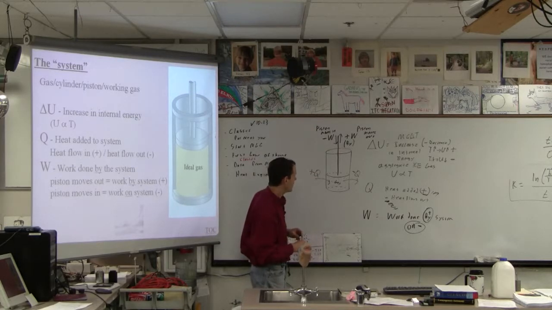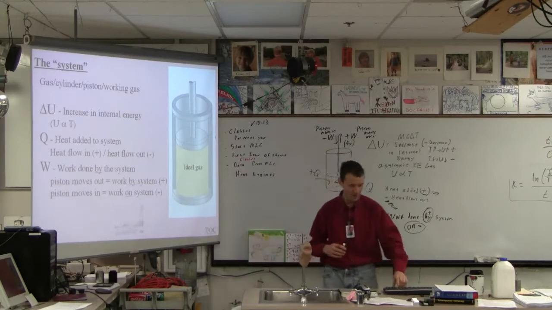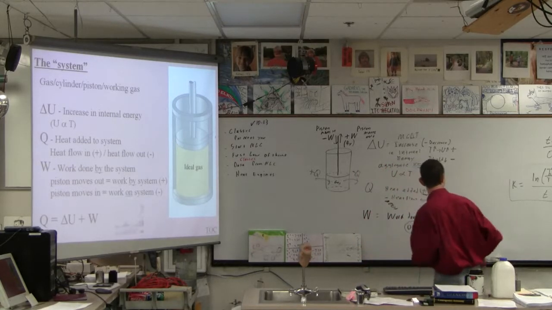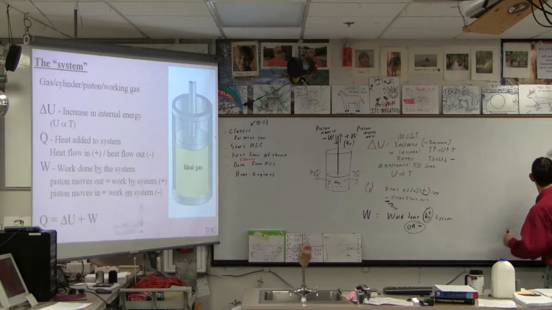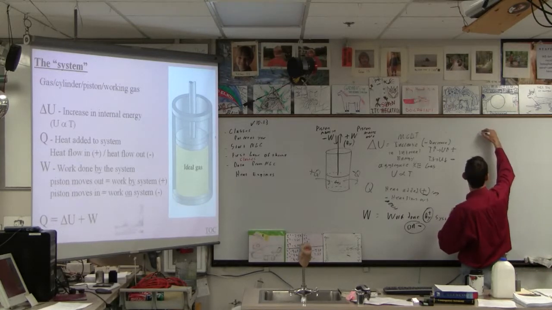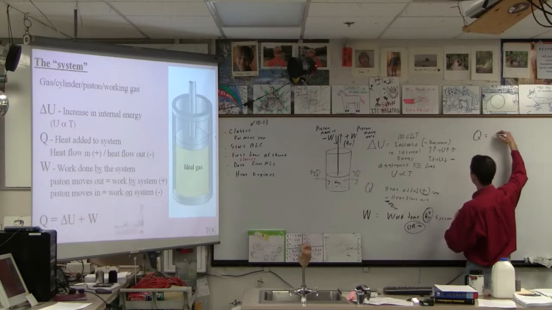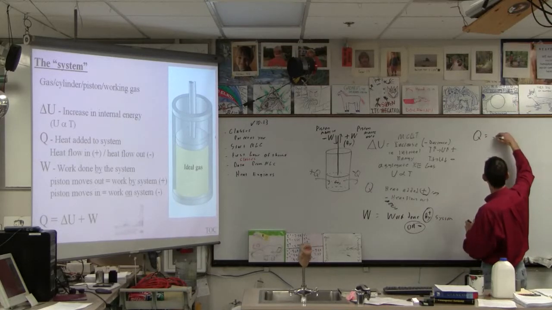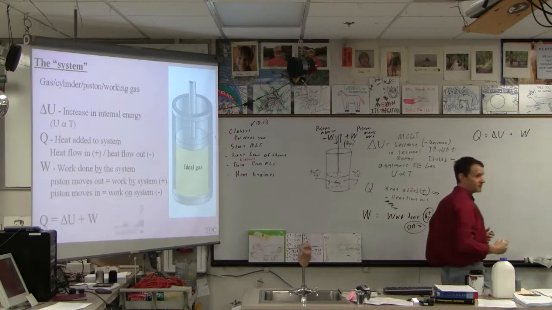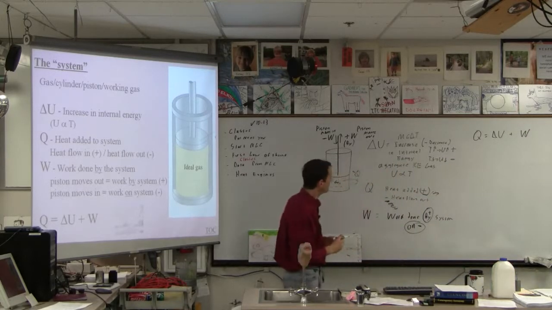Okay? Now, let's do an example problem. Are we ready for this? Oh, I'm sorry. I got to give you the formula for which we're going to do an example problem. So here is the formula. If heat flows in, then it could cause a change in internal energy, or it could cause the engine to do work.